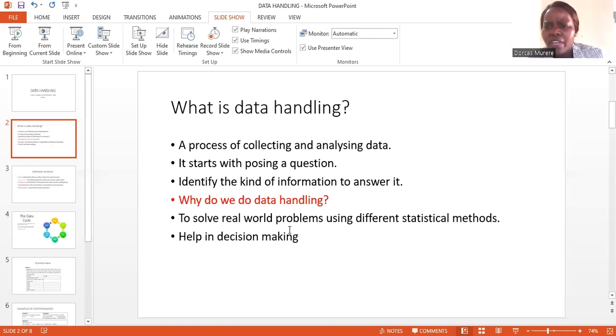We have to know there are reasons why we do data handling. Why do we collect data? The first reason is to solve real world problems using different statistical methods. Then it also helps in decision making. Whenever you want to make a decision, you just have to collect data for that certain type of study. For example, if you want to start a business, you have to start by collecting data.